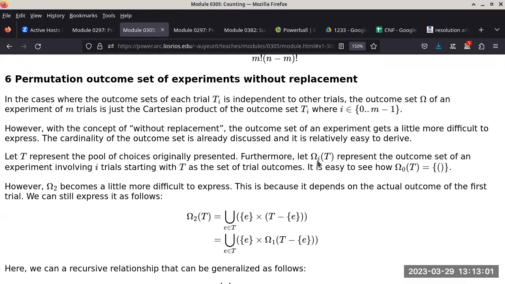Okay, one more time. We are concerned about an experiment. I is representing the number of trials in that experiment. The set T is the outcome set of the first trial of the entire experiment. In other words, if we are taking marbles out of a bag, T is basically saying what marbles are in the bag initially.